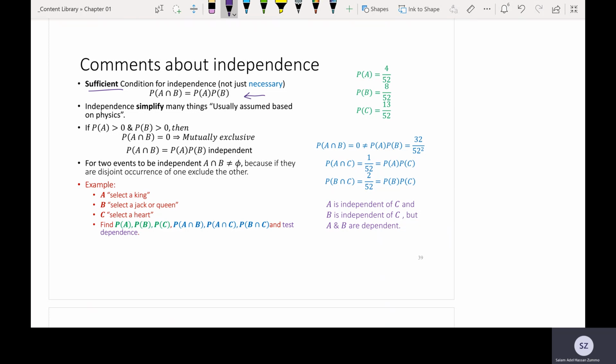However, if they are independent, this must be satisfied. Is the idea clear? I can pick two numbers, for example rolling a die. You can pick two events that have no relation to each other, two events that are mutually disjoint, and both satisfy this, but they are not independent. However, if they are independent, they must satisfy this. This we call sufficient but not necessary. So if this is satisfied, it doesn't mean they are independent. However, if they are independent, this must be satisfied. Is the idea clear? Okay.